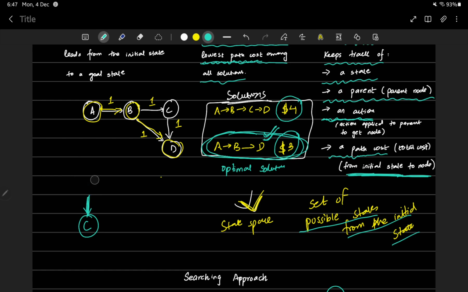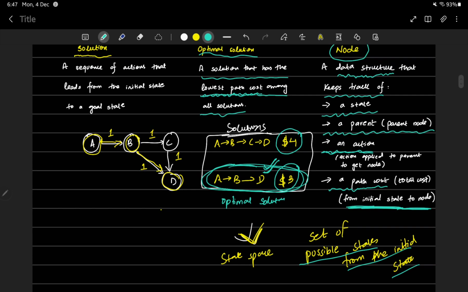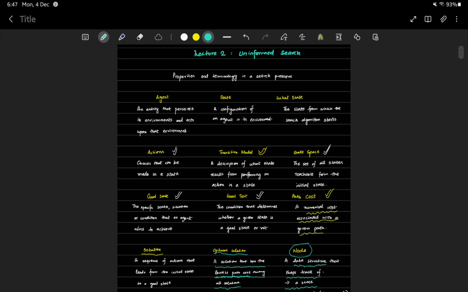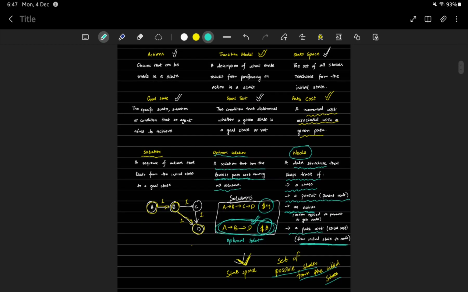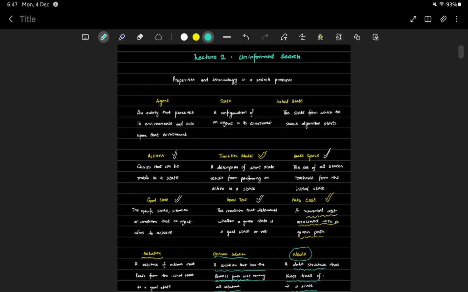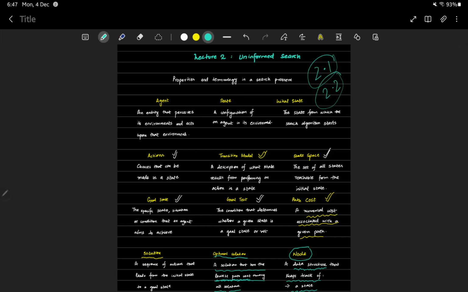So it is the total cost. So these are all our terminologies, and I hope that you understood these well. So this would be lecture number 2.1 on terminologies, and now in lecture 2.2 I'll move on to searching. So see you next time.